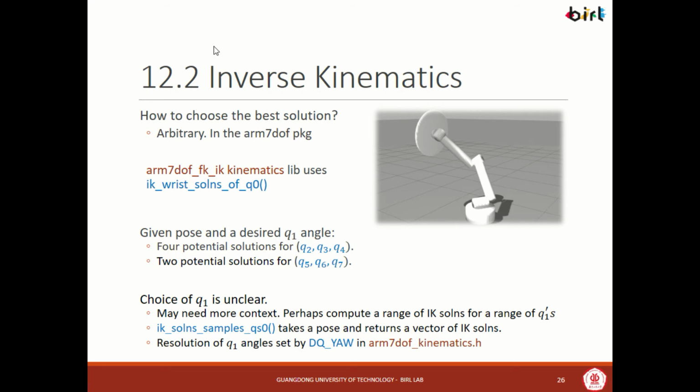This is some kind of NASA arm or a simplification of the NASA arm. And so here we can use the FK-IK kinematics code. But the question would be, how do we choose the best solution? Here we're not answering that question yet, but we're going to have a few thoughts about it.